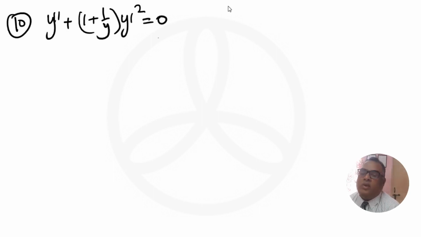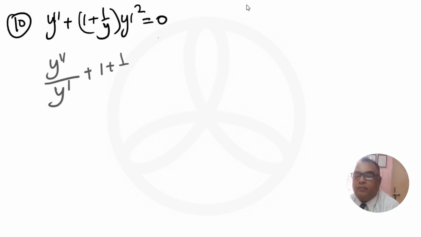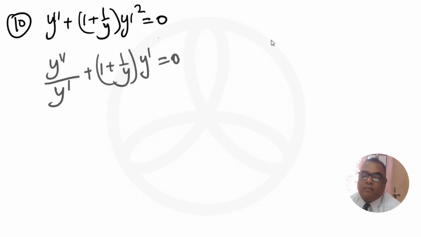What we can do is divide the entire expression by y prime. We will get y double prime divided by y prime plus y prime square divided by y prime, which will be just y prime, equal to 0. This will give y double prime by y prime plus y prime by y is equal to 0.